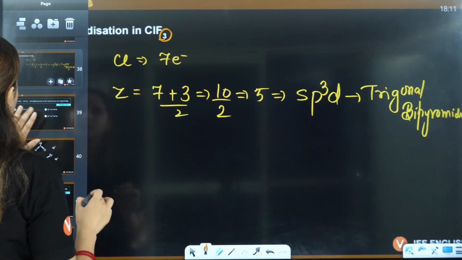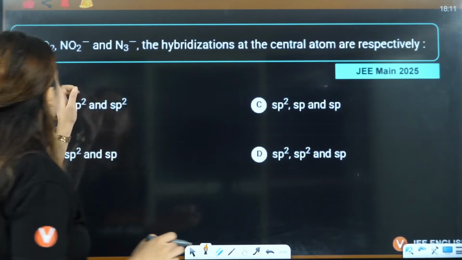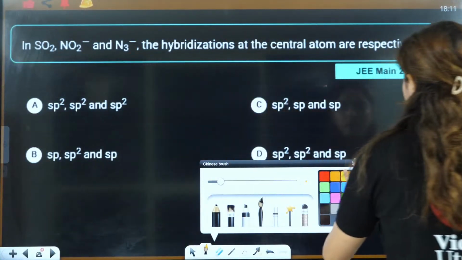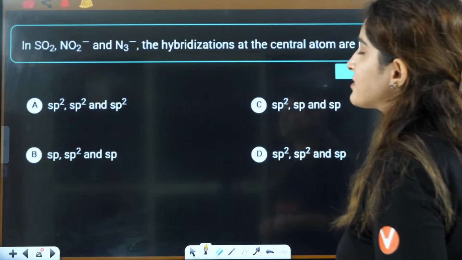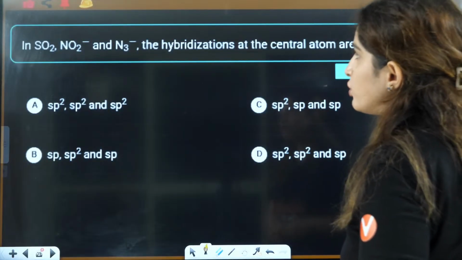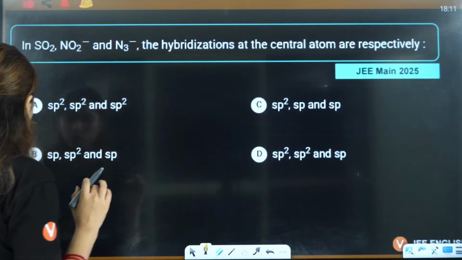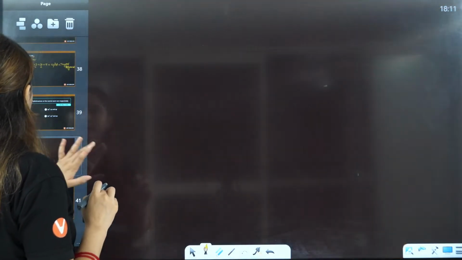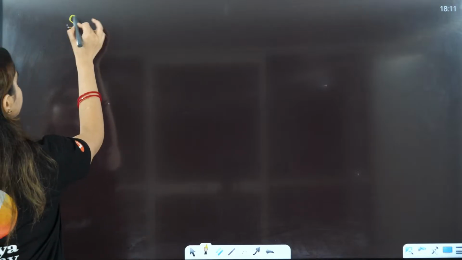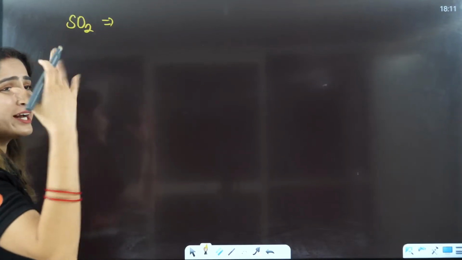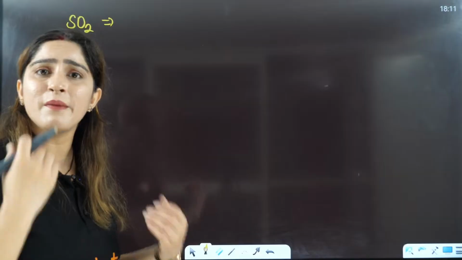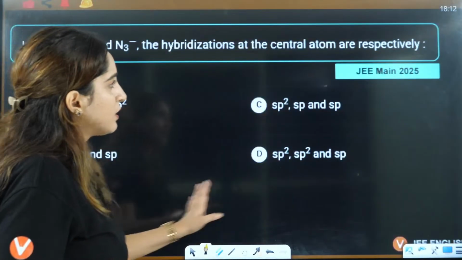Yes, I'll just show you this question here. The question given to you is SO2, NO2 negative and N3 negative. One by one I'll calculate this. You may say, ma'am, Lewis dot structure, I don't want to draw that.